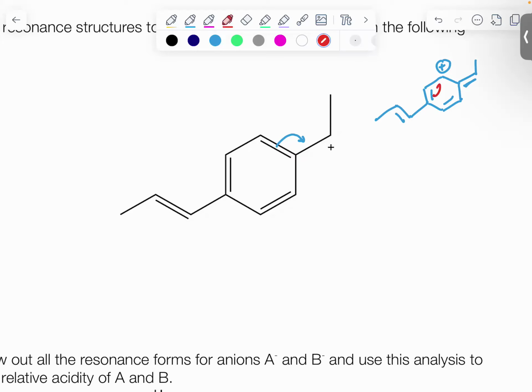We'll then do the same thing. With this one, we have 2 directions we could go. We can pull from our carbon chain like this, or we can pull from the ring.